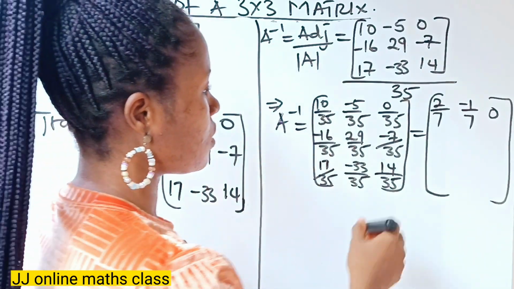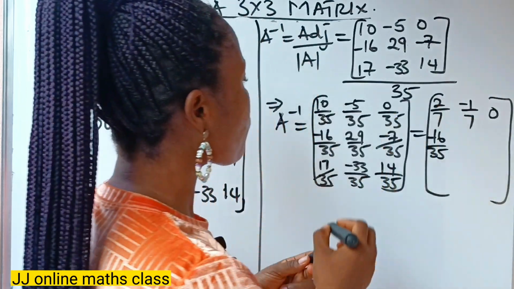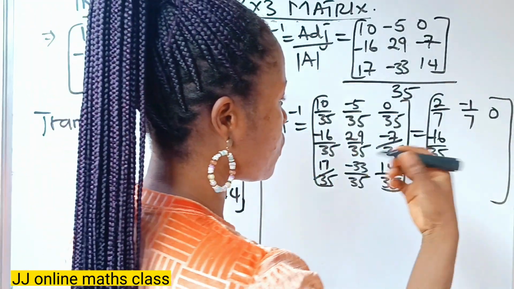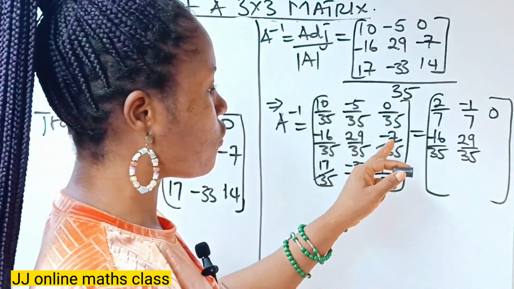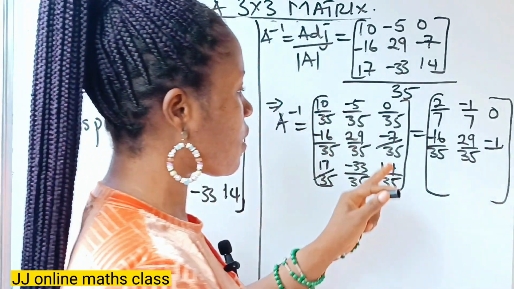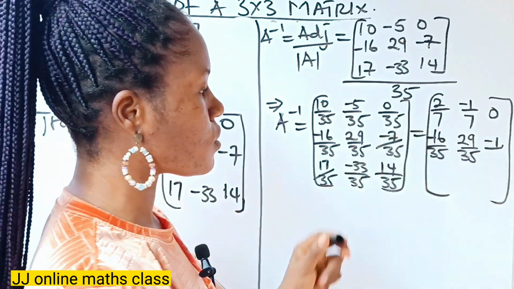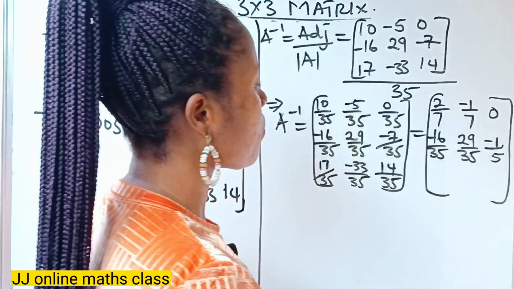For this one, they don't have a common factor, so we have minus 16 over 35. This one is the same thing, 29 over 35. Then for this, 7 divides minus 7 to give you minus 1, and if you divide 35, you are going to have 5.